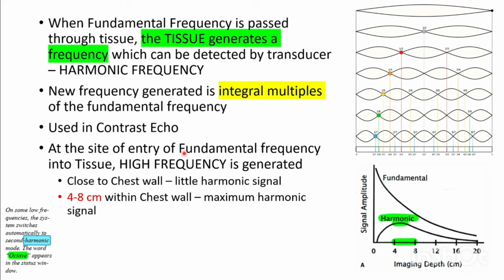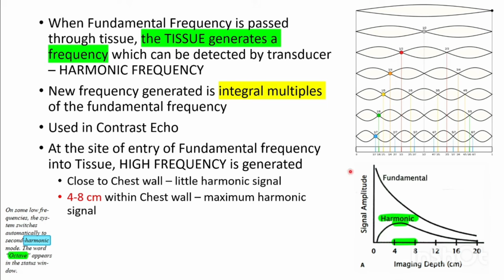That new frequency is generated in integral multiples of the fundamental frequency. We typically use this in contrast echo. At the site of entry of the fundamental frequency into the tissue, a high frequency sound wave is generated by the tissue, and deeper within, the strength of that signal is maximum at 4 to 8 centimeters within the chest wall.